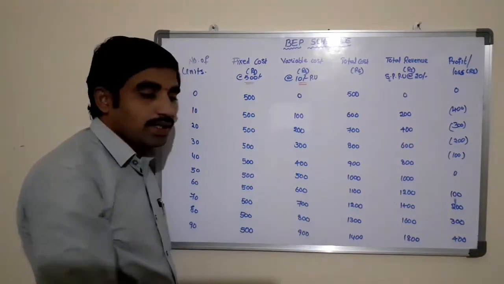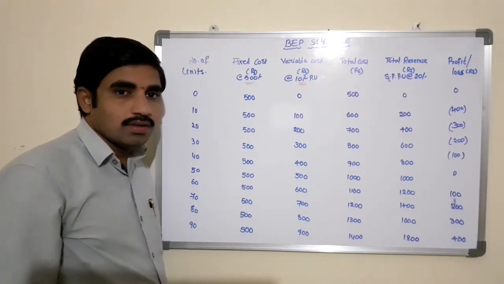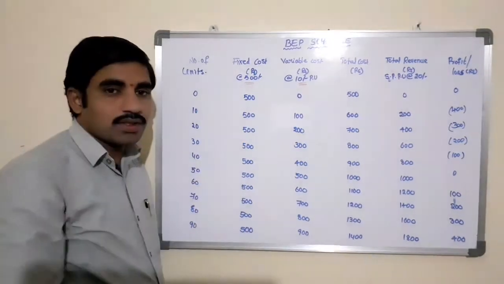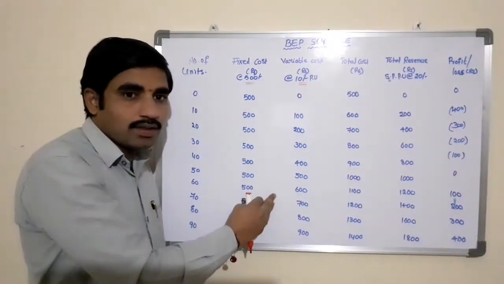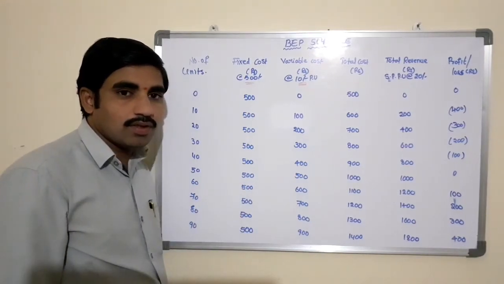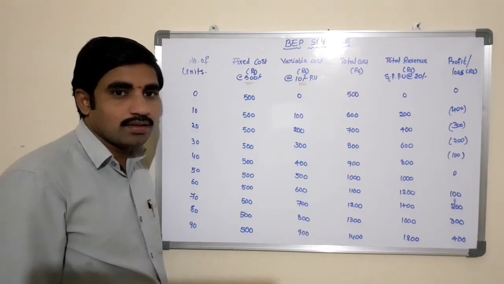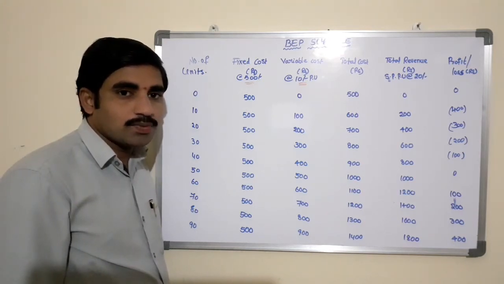And coming to the variable cost, what is the nature of variable cost? The cost which changes according to the level of production comes under the variable cost. What is the example for the variable cost? All the direct expenses. For example, raw material, wages for the labor, fuel, water, gas, transportation.